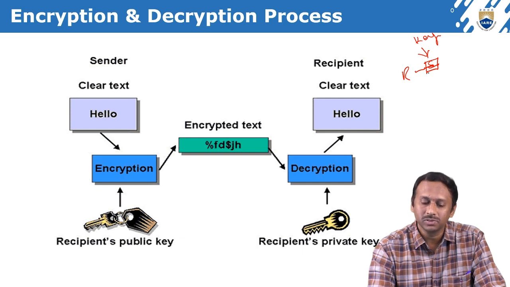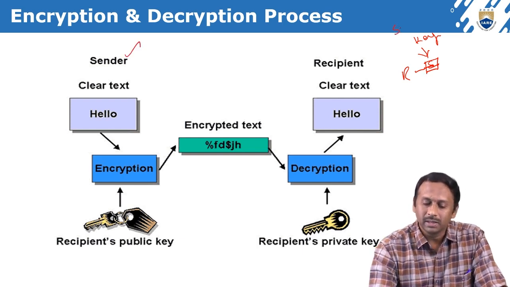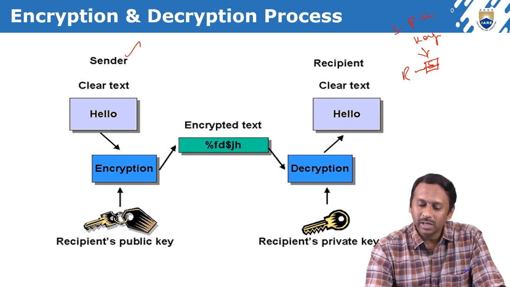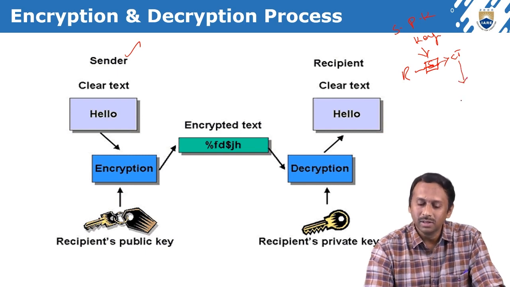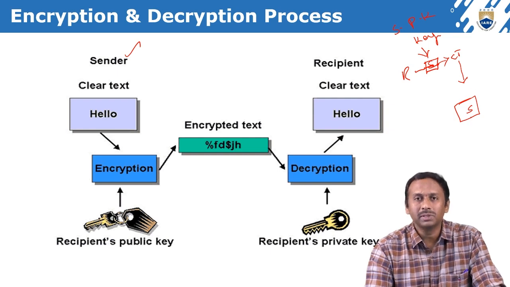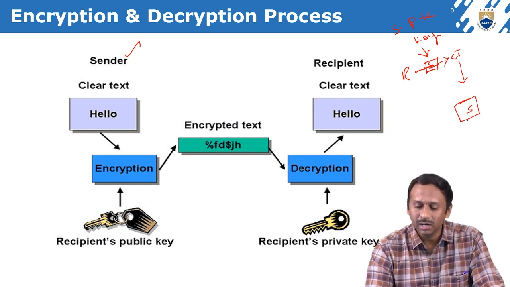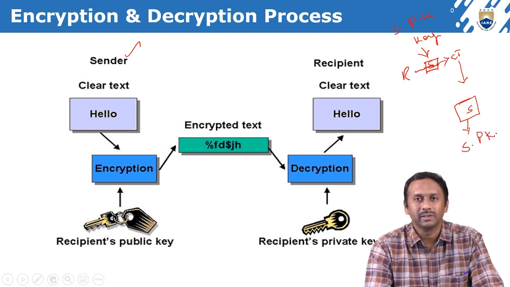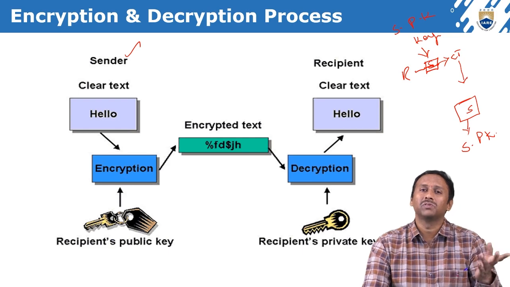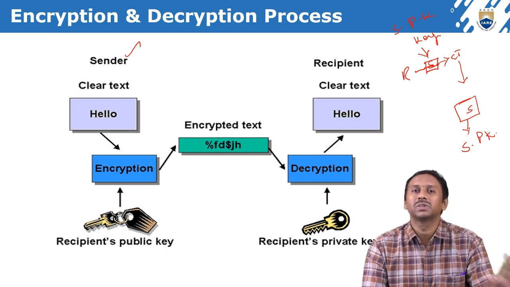The recipient is using the sender's public key. With the help of the sender's public key, they encrypt it. After encryption, they get a ciphertext, and this ciphertext is transmitted to the sender. The sender decrypts this ciphertext with the help of the sender's private key. Clear? Like this, we can perform the encryption and decryption operation for secure communication.